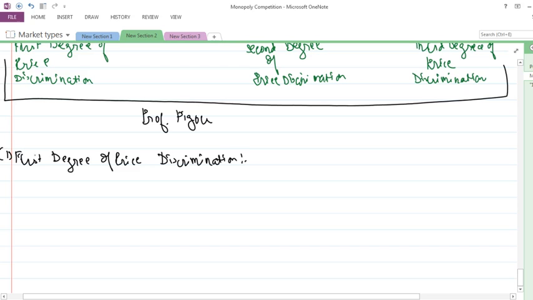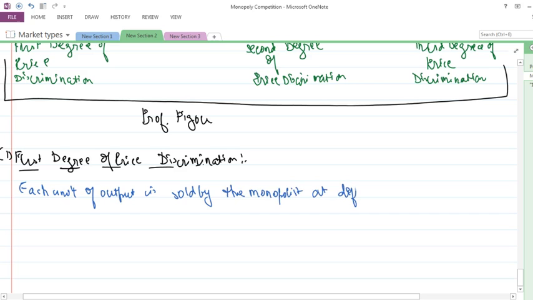Now, under the first degree of price discrimination, the discrimination would occur when the monopolist is able to sell each and every separate unit of output at a different price. So in the first degree of price discrimination, each unit of output is sold by the monopolist at a different price.